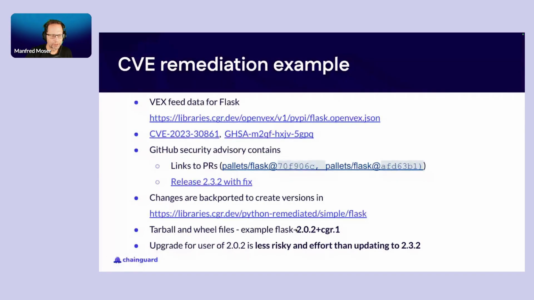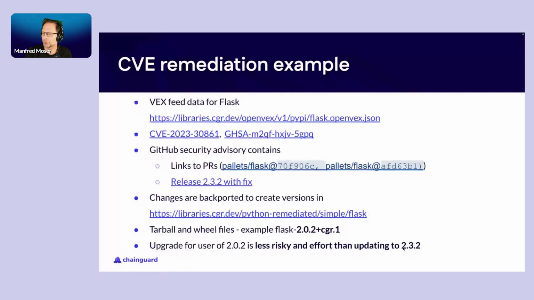So users that were using 2.0.2 of Flask can upgrade to that version without having to deal with all the changes that happened since 2.0.2 to the one that has the original fix in it, right? Remember here the release fix was 2.3.2. And as you can see, this is a minor version.